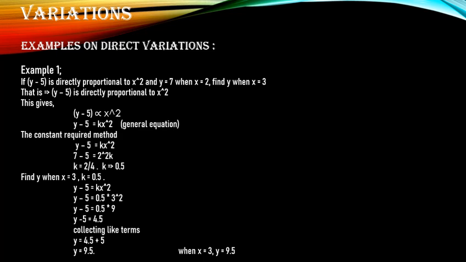So y minus 5 is 0.5 times 9, so y minus 5 is equals to 4.5. If we collect like terms, bringing this minus 5 to the other side, y is equals to 4.5 plus 5, then y is equals to 9.5. When x is equals to 3, y is equals to 9.5. So we have gotten the y, and how we got the y is by first finding the k.